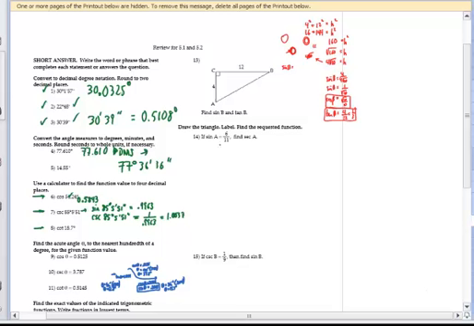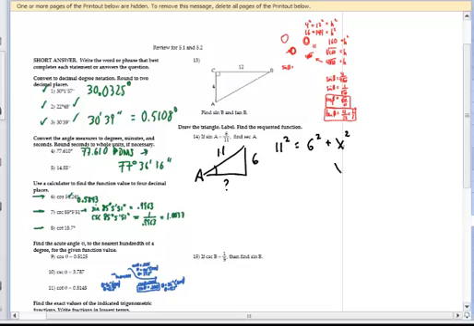The next problem is where they tell us that the sine ratio of angle A is 6 over 11. So that means the opposite side is 6, the hypotenuse is 11. So you're looking for what the adjacent side would be. So you would have 11 squared equals 6 squared plus the adjacent side squared.